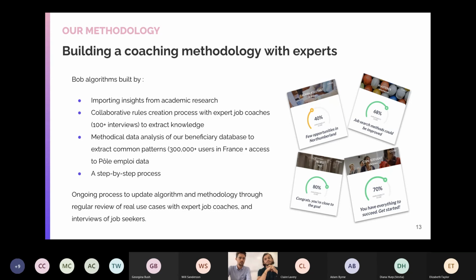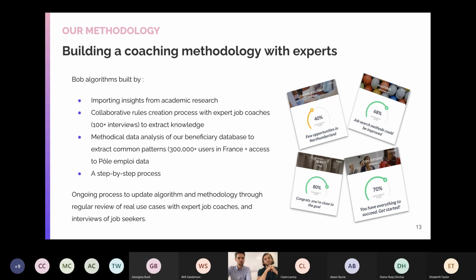But more importantly, we built the AI not as a black box of rules and processes, but more as a clear collaborative rule engine that we built working with job coaches, trying to understand their expertise, understand how they would coach different types of user profiles, and trying to extract their knowledge and build it in the algorithm.